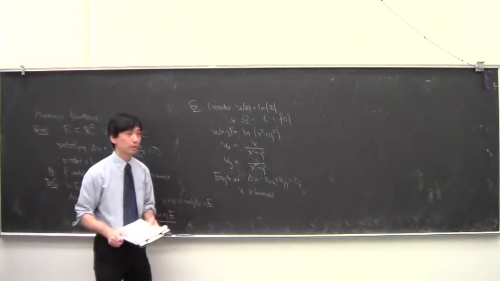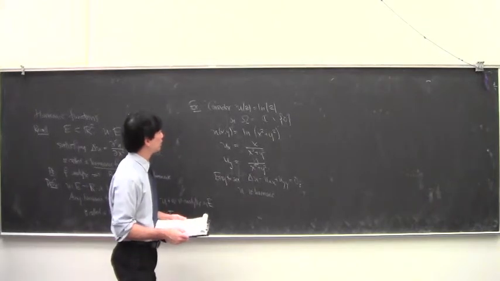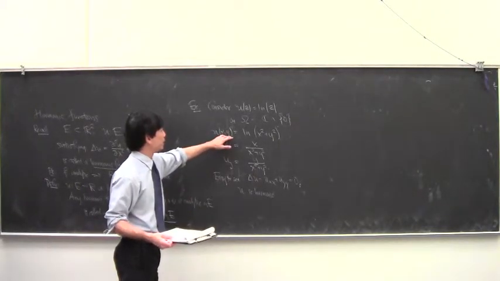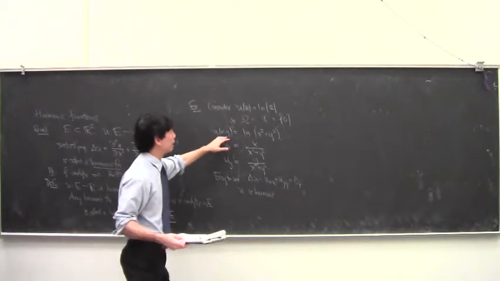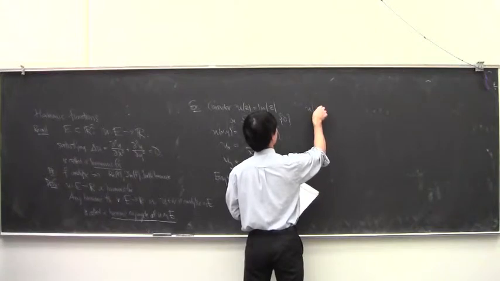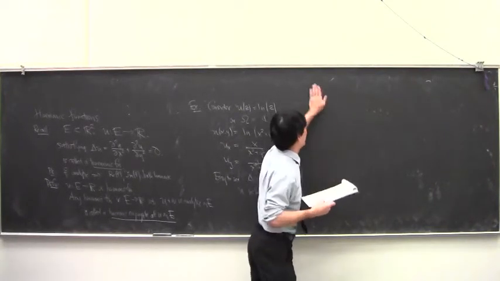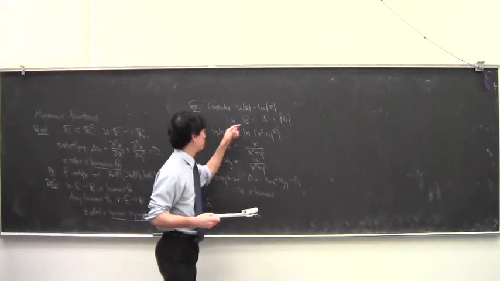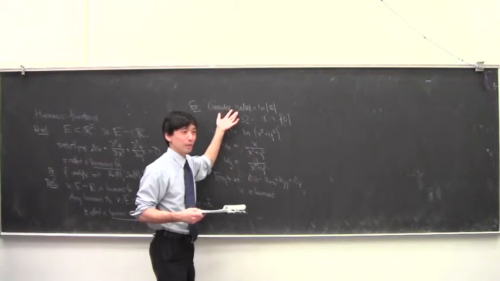Yes? What do you mean consider it a real function? Isn't everything you did valid for complex? Well, I'm just thinking of it as a function on the reals, on R2. Should I think of this as a function of a single complex variable, or of two real variables? It's up to you how you want to think about it.